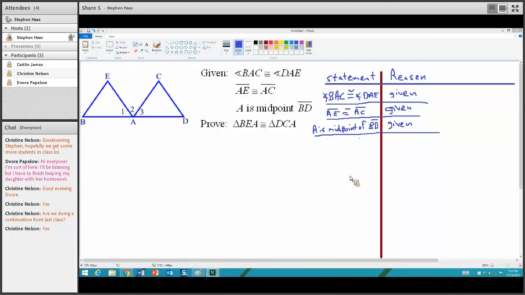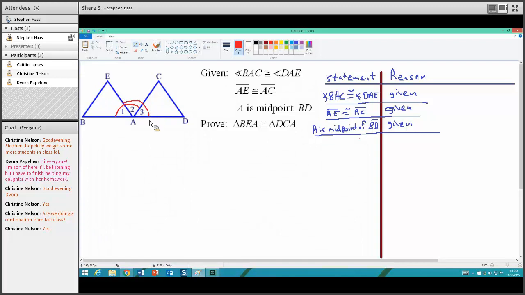Okay, so this is our first example over here. We are given angle BAC is congruent to angle DAE. Essentially, this is angle BAC, which is this whole angle. Let me put it in red over here. BAC is this whole angle, and it is congruent to DAE, which is this whole angle. These two angles are congruent to each other.